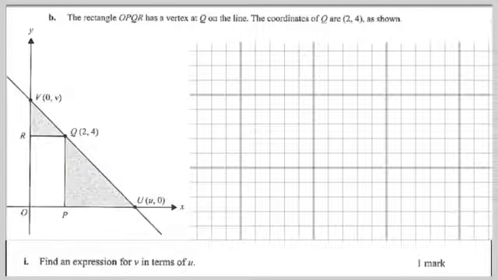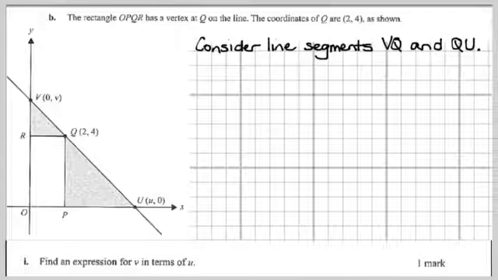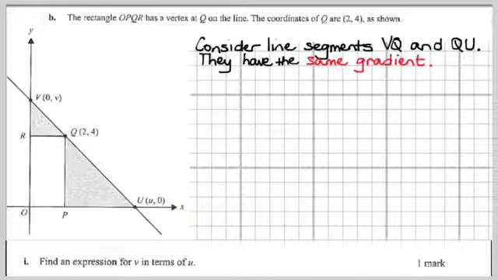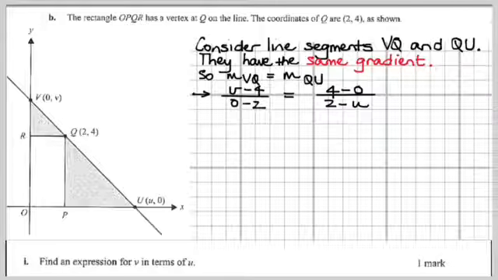If that was all just too confusing, let me show you. Consider the line segments VQ, that is the upper one here, and QU, which is the lower one, alright? Now, they have the same gradient, guys, so therefore m VQ equals m QU. So, as I was saying, you just plug and play.